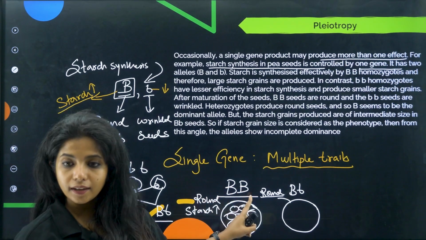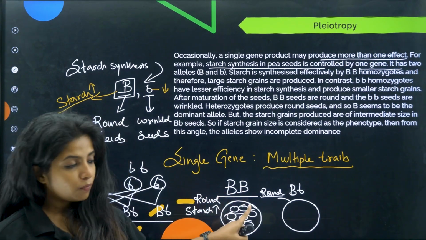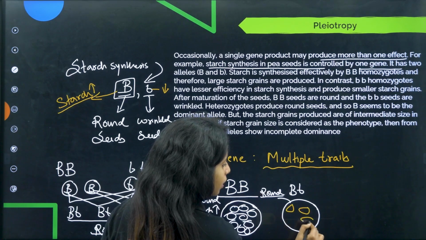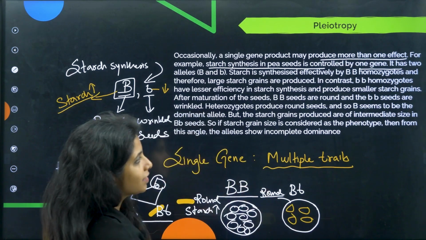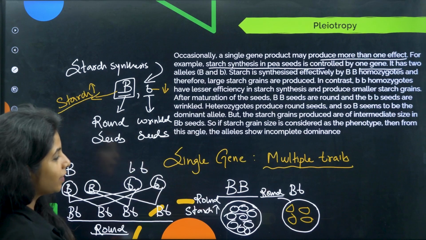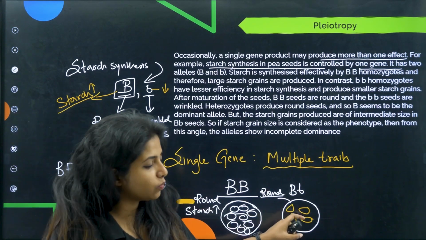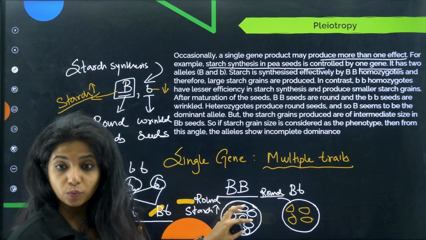So when 2 B are there, they are producing enough amount of starch. When 1 B is there, it produces little amount of starch. Okay, did you get it? So here the size will be intermediate, here the size will be very big.